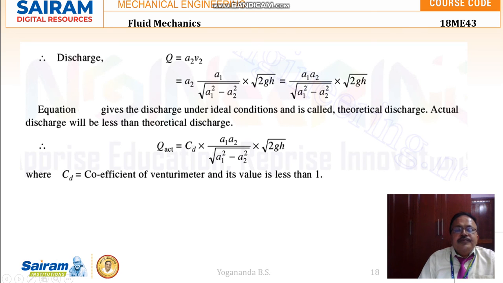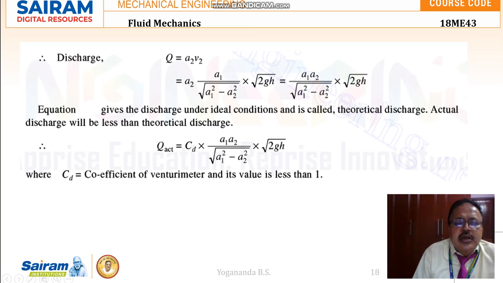CD is called the coefficient of Venturi meter, and its value is less than 1 because the coefficient of discharge is actual discharge by theoretical discharge. Since the numerator is less than the denominator, the value of CD is always less than 1. If the actual is equal to theoretical discharge, then the CD value becomes exactly equal to 1.